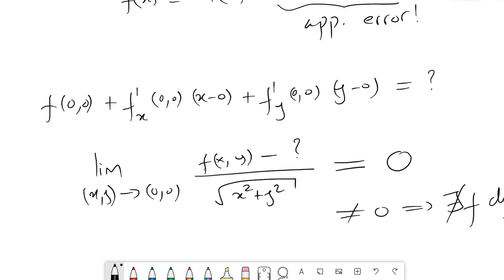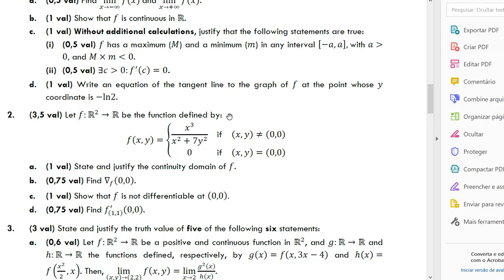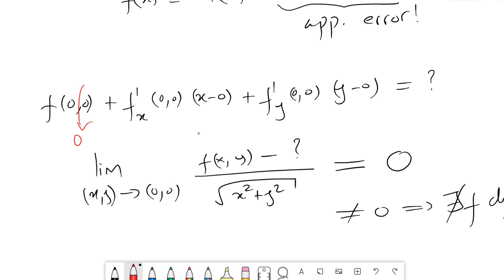So, okay, in our case, f of 0 was 0, right? Let me read. Yes, f of 0 is 0, and now we have to take these partial derivatives. So f of 0 is 0. The partial derivative in x is 1, so that will be 1 times x minus 0.